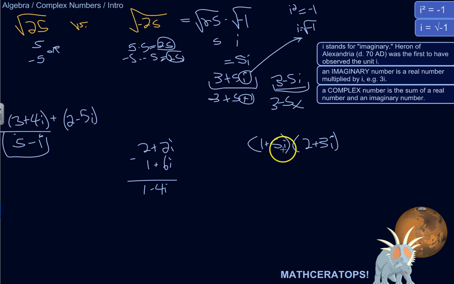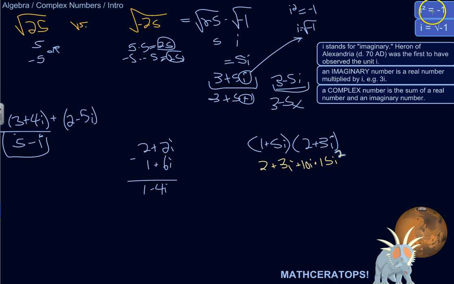So 1 times 2 is 2. 1 times 3i is just 3i, so plus 3i. 5i times 2 is 10i. 5i times 3i is 15i squared.